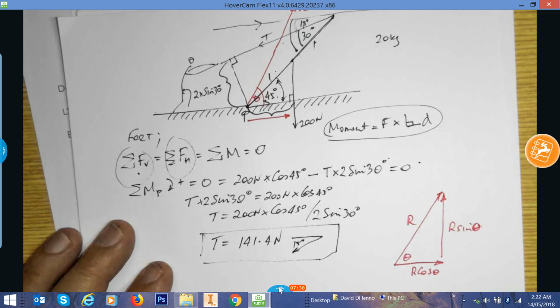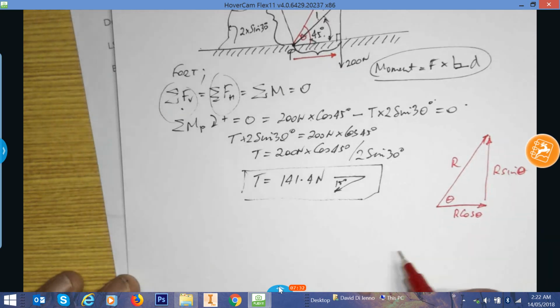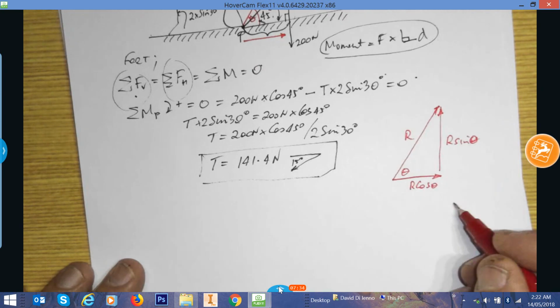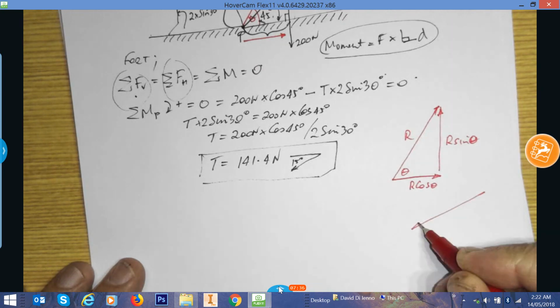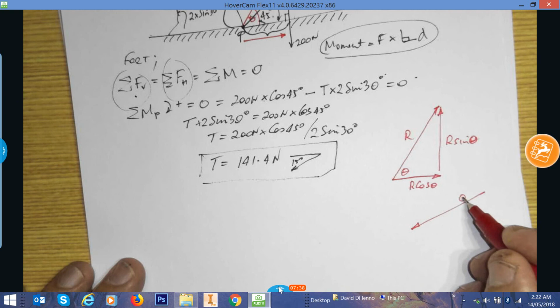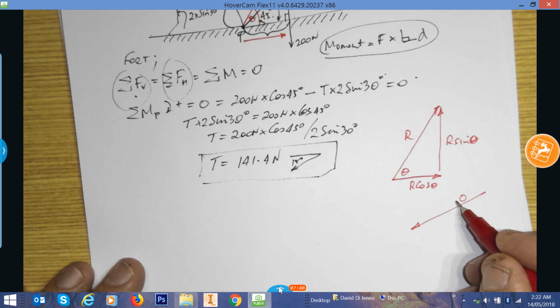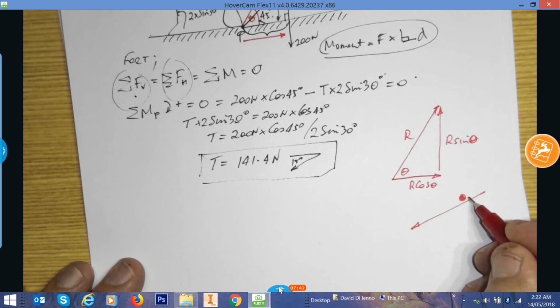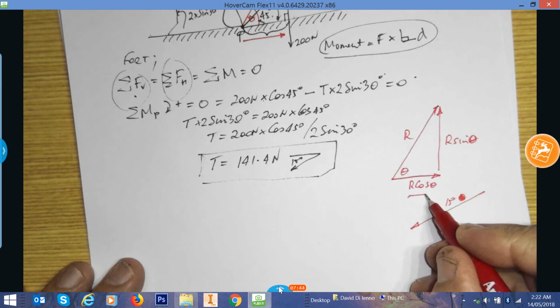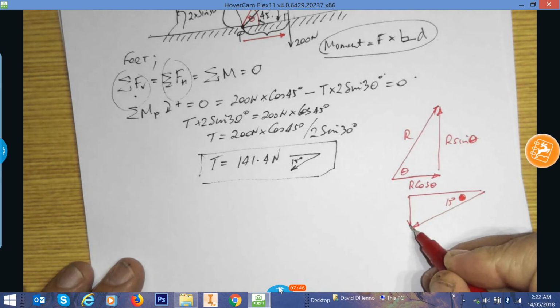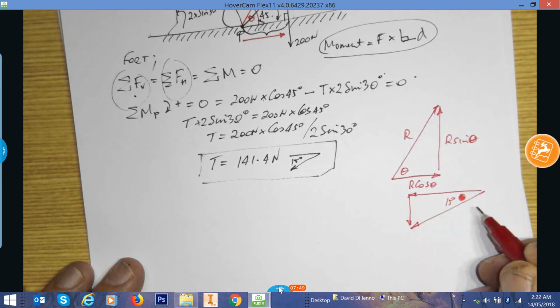By the same token, T is going to be in a very similar boat. T is going to have a force coming down here, and it's going to have an angle of 15 degrees. Let's make it there, 15 degrees. And it'll have vertical and horizontal components looking like this.